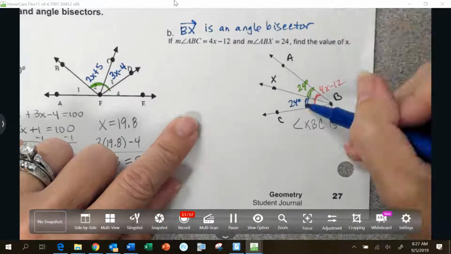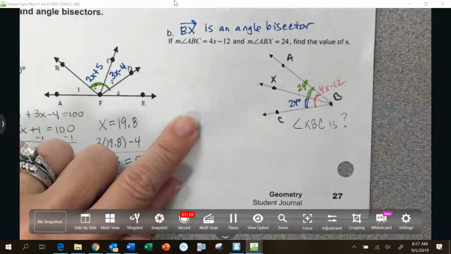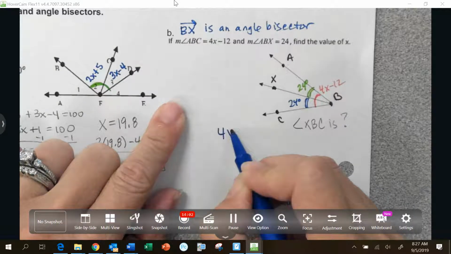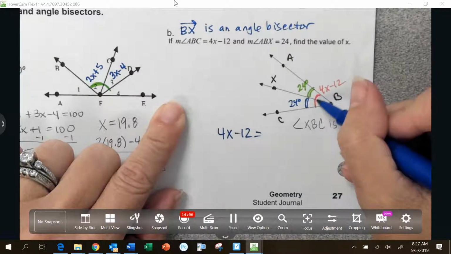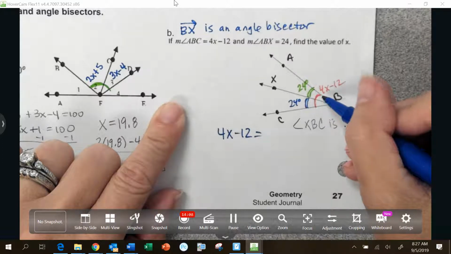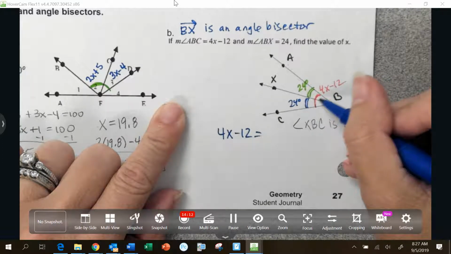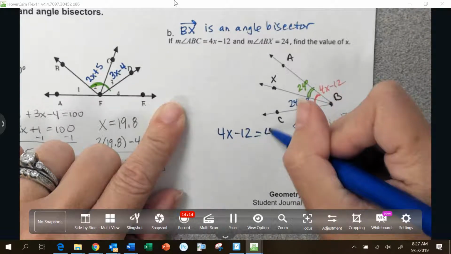If we have that information, now we can say, well, this one is also 24. And that makes 4x minus 12 what? That makes the whole angle what? Cameron, what's the whole angle? Yep, 48.